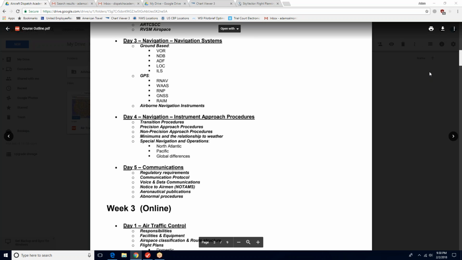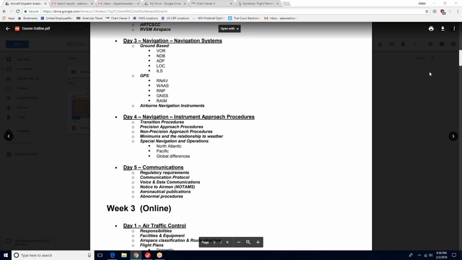Then the purpose of SIDs and STARs is going to be, the biggest purpose, like we were mentioning earlier, is to cut down on ATC and pilot workload. Correct. Yep.